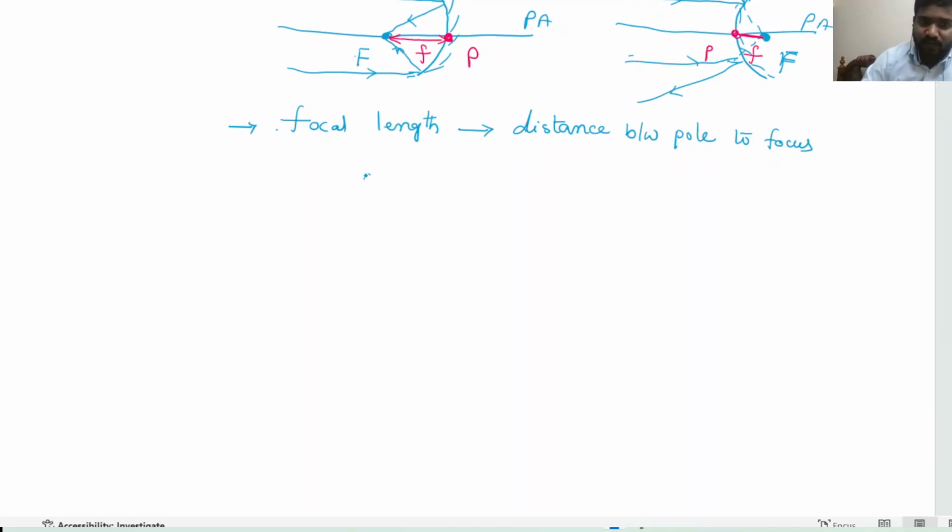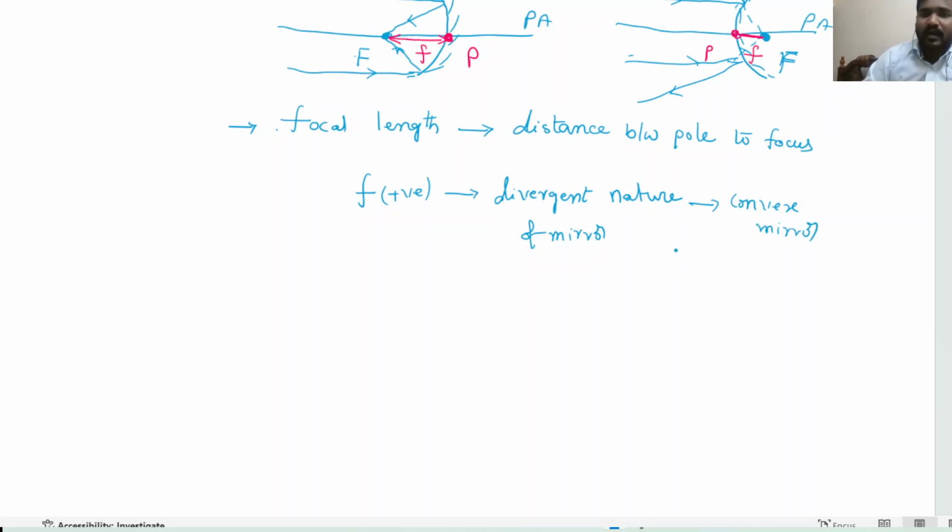See here. If the focal length is positive, that type of surface has a divergent nature. The mirror having a divergent nature is the convex mirror. So for a convex mirror, focal length is positive.